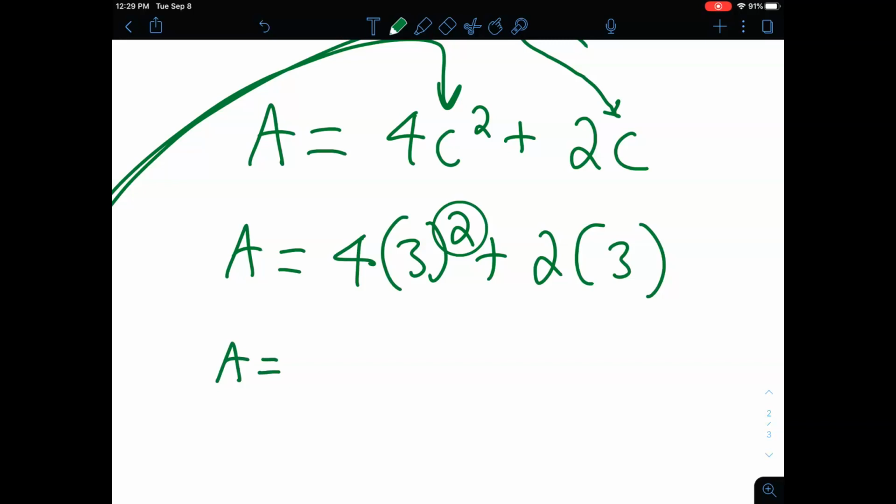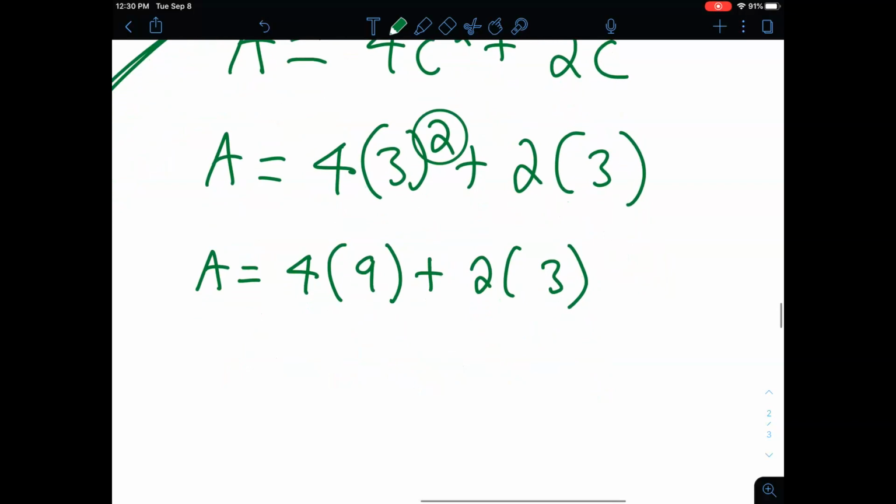So we have area equals 4 times 3 squared is 9, right? Notice how I keep the rest of the problem the same. Any more parentheses? Any exponents? Any multiplication or division? We got 2 multiplications here.